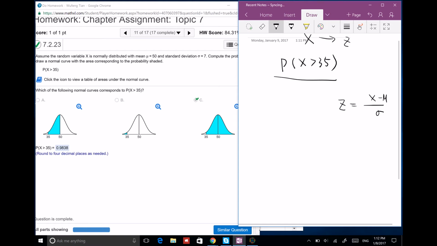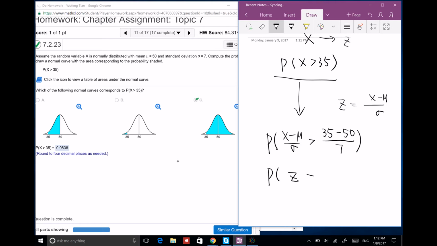So instead of the normal distribution, I convert this into a standard normal distribution. So 35, mu is given as 50, sigma is given as 7.